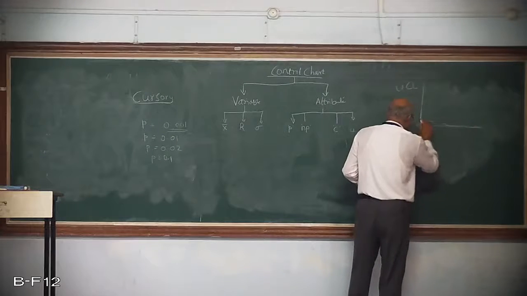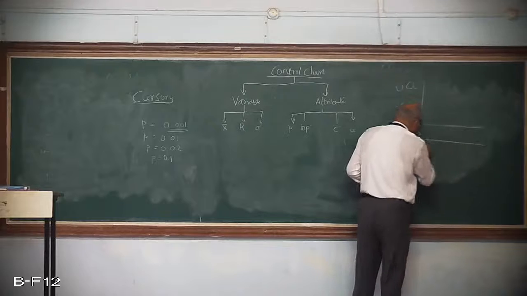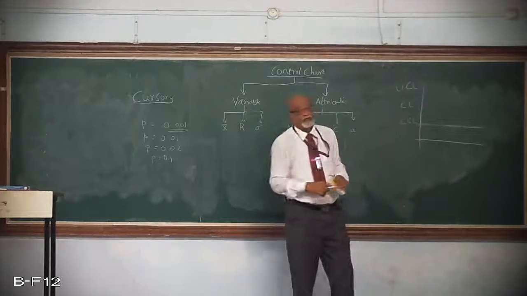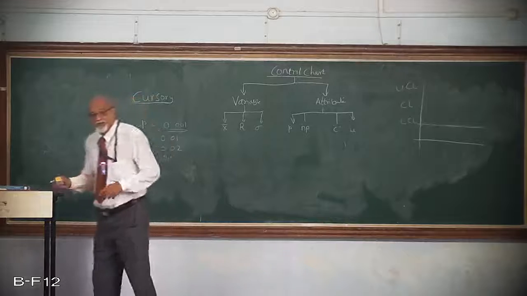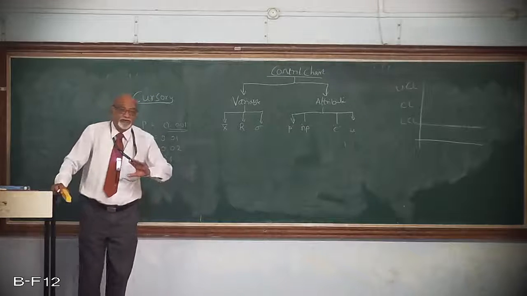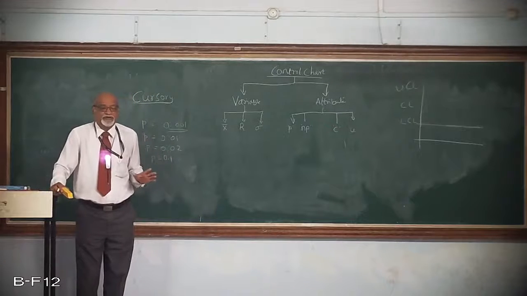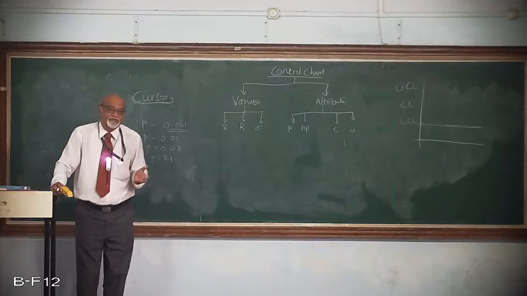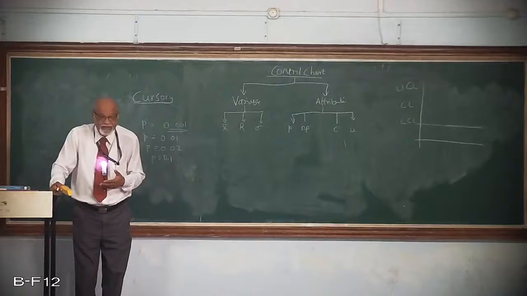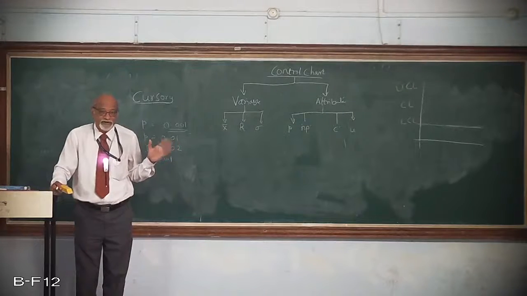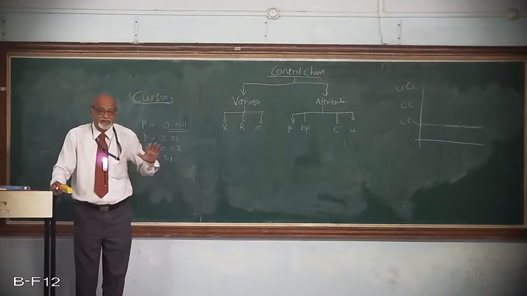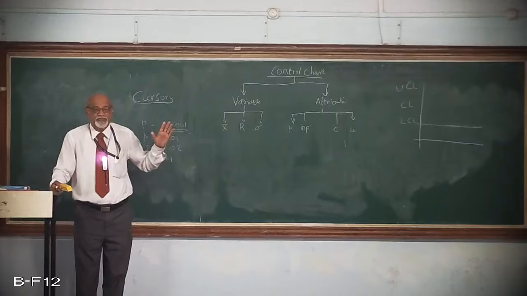So it becomes very easy to understand it now, because I'll be a bit faster so that we can solve a number of problems. And by this initial brief introduction, when I take up the numericals, those things will be made clearer. So in today's class, I am going to give a certain introductory lecture about this control charts for attributes.